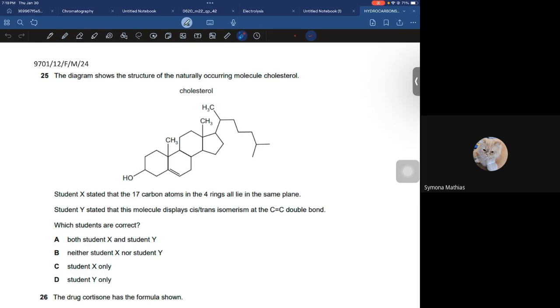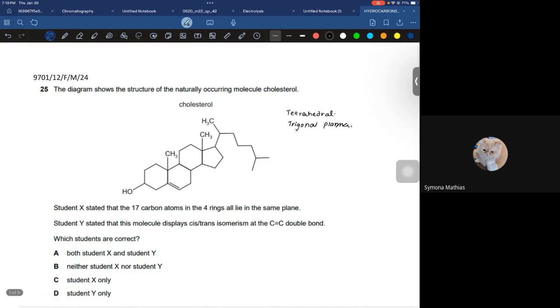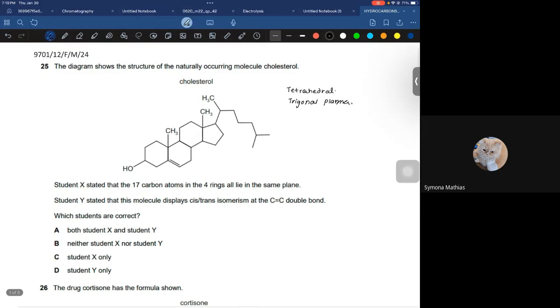If you can see the single covalent bond, the geometry would be tetrahedral, and if you can see the carbon-carbon double bond, the geometry would be trigonal planar. In this molecule, some carbons are single covalently bonded and some carbons are double covalently bonded.